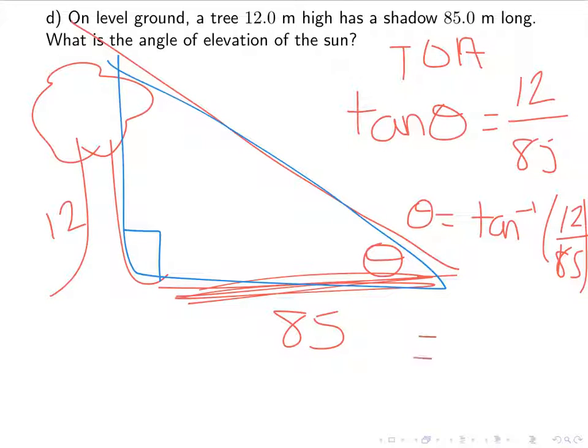Right, and if I do that correctly, I'm getting 8.04 degrees. It's a very small angle, but if you look at it, the tree's 12 meters, its shadow is 85 meters. This is clearly not drawn to scale, so it should be a fairly low elevation. Either the sun has just risen or the sun is about to set.